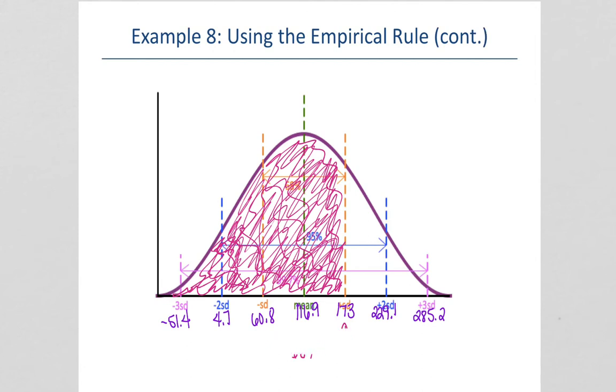We also know, if we look at this a little bit differently, that from here down is 50% of the data, right? So we just need to add on this little piece right here. That little piece would be half of 68%, or 34%.